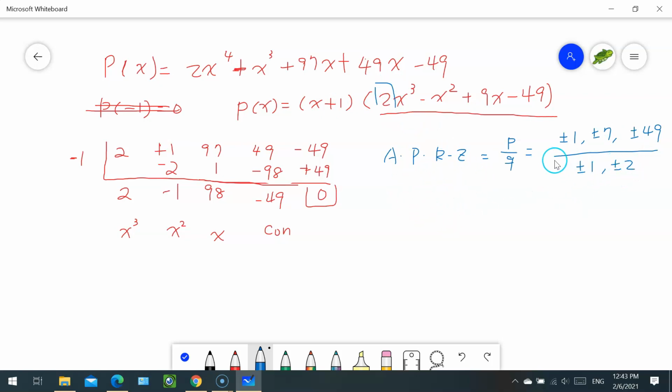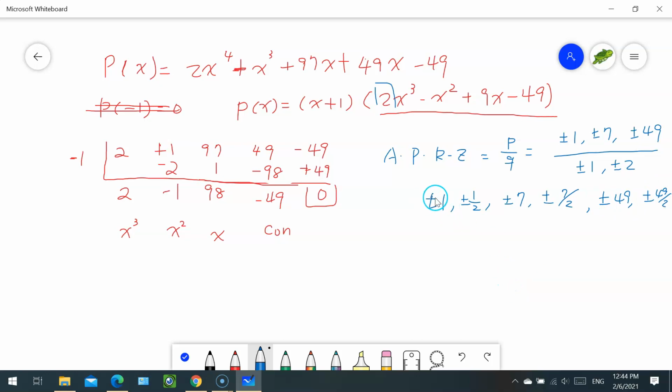Now all possible rational zeros are listed here: 1, half, 7, 7 half, 49, and 49 half.